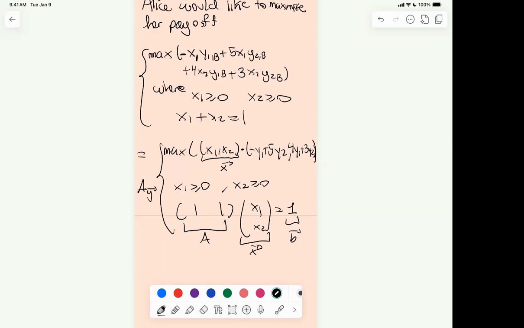And then what is the worst case scenario for Alice? The worst case scenario for Alice, because we had talked about that before, would be the scenario where she gains the least amount possible.